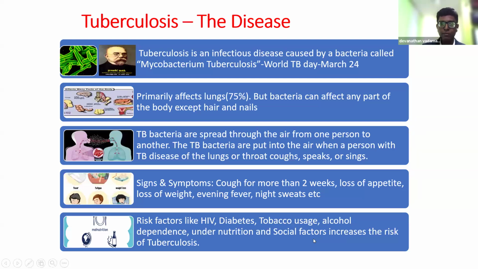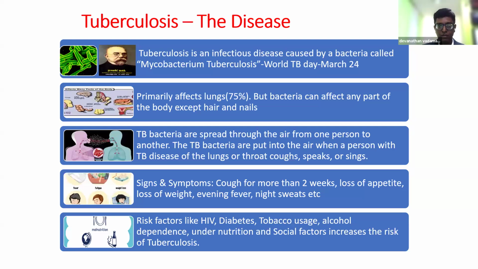What are the signs and symptoms? If a patient comes with these 4 symptoms, you should be aware. For pulmonary TB, the patient will complain of cough of more than 2 weeks duration. He might have loss of weight and loss of appetite. There will be an evening rise of temperature along with hemoptysis and night sweats. The 4 classical symptoms are cough of more than 2 weeks, loss of weight and appetite, evening rise of temperature, and hemoptysis.